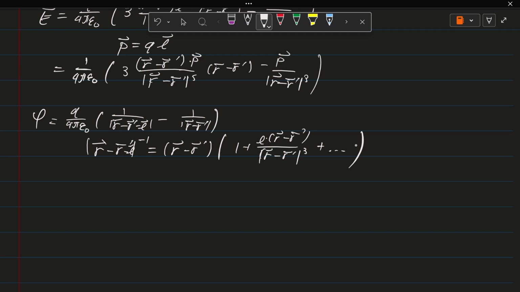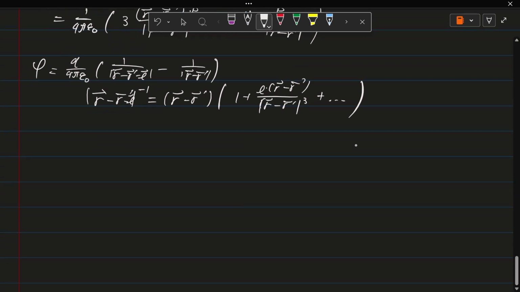And thus you could simplify this into the electrostatic potential being Q over 4 pi epsilon 0 of L dot (r vector minus r vector prime) over r vector minus r vector prime cubed, plus some other values.